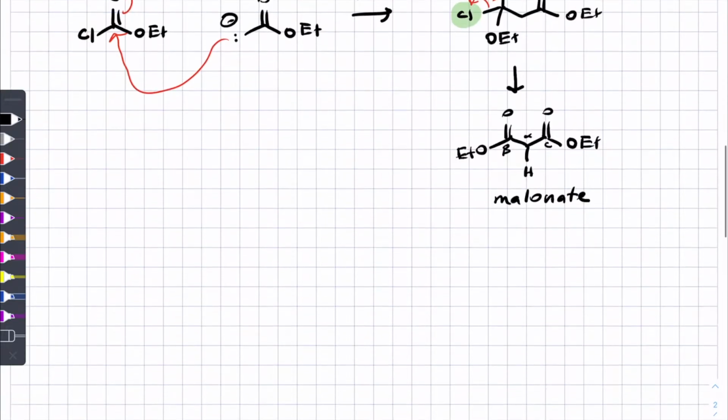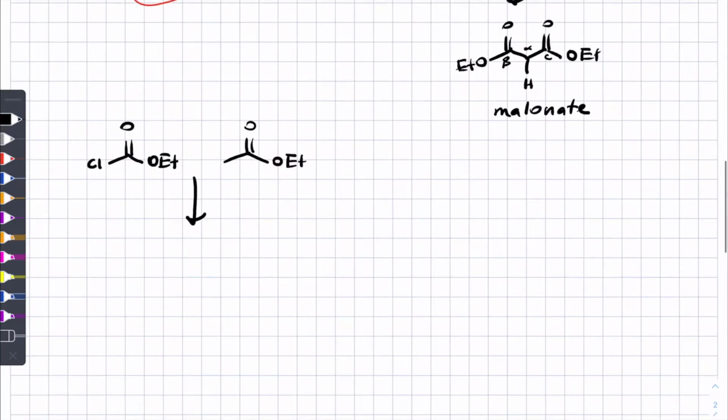Remember, enolate alkylation is just removing this proton and then attaching an alkyl group via an SN2 reaction. So it might be a good idea for you to think about how you would use the reactions we've done so far to get from these simple starting materials to the following product.